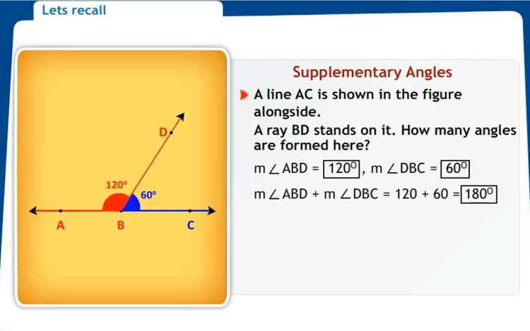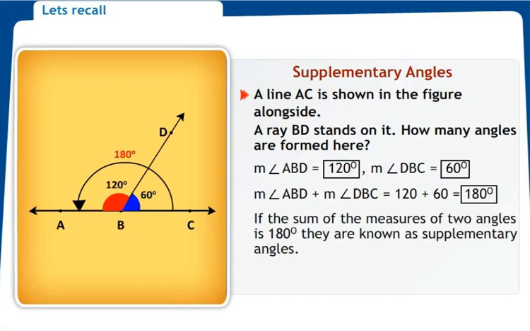So hence we conclude that if the sum of the measures of two angles is 180 degrees, they are known as supplementary angles. I repeat, if the sum of the measures of two angles is 180 degrees, they are known as supplementary angles. In the earlier class we had studied that if the sum of the measures of two angles is 90 degrees, they were known as complementary angles.